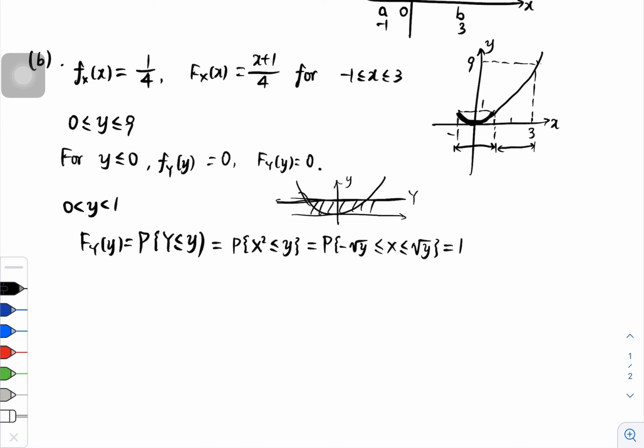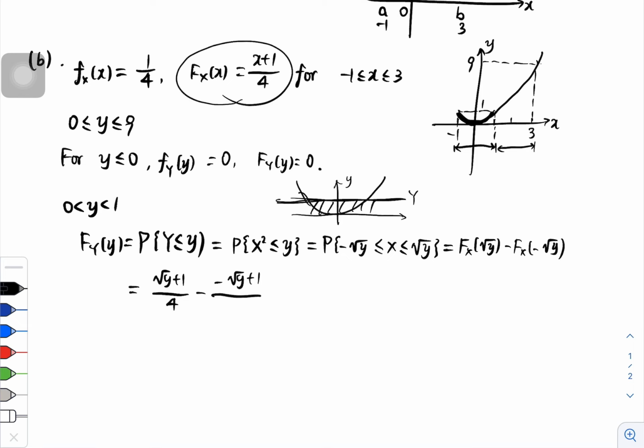We can write it into this. From this equation, we know the answer should be this minus this. It is this.